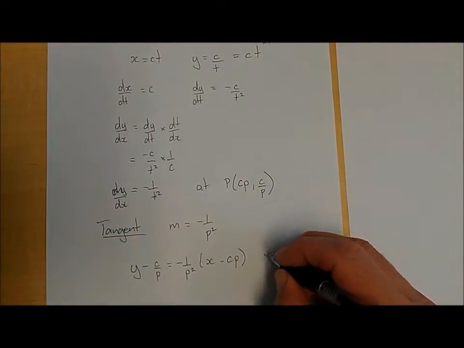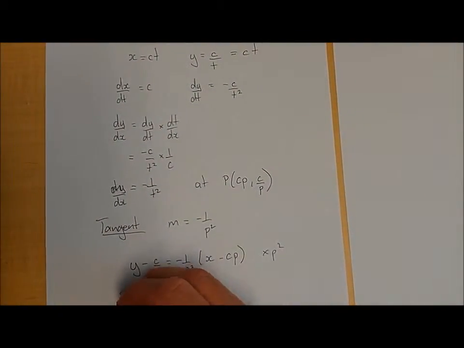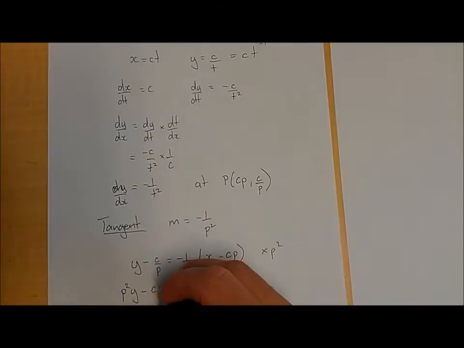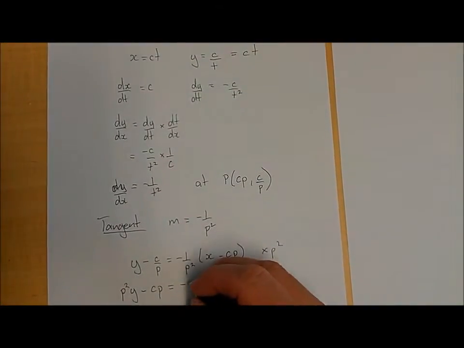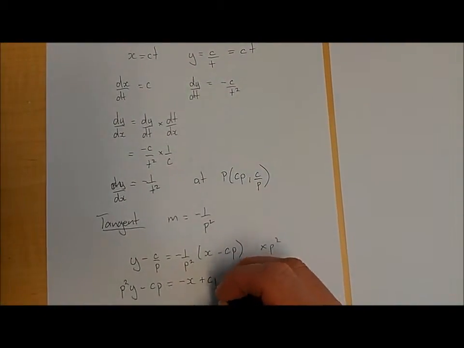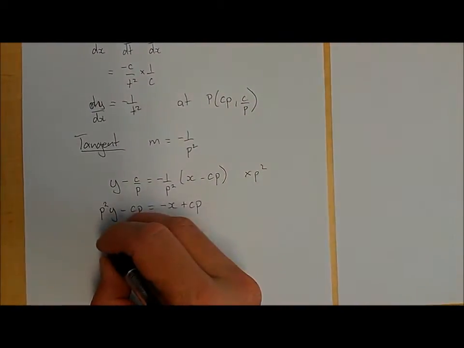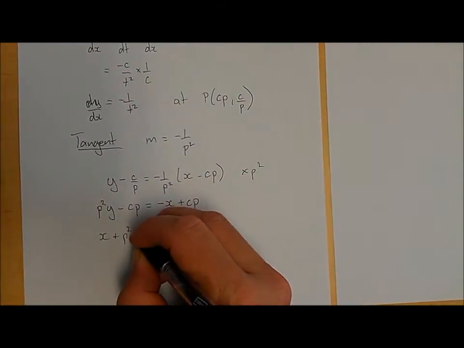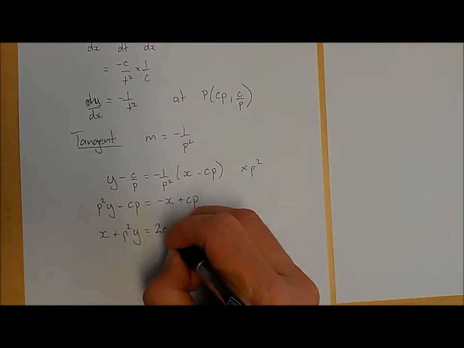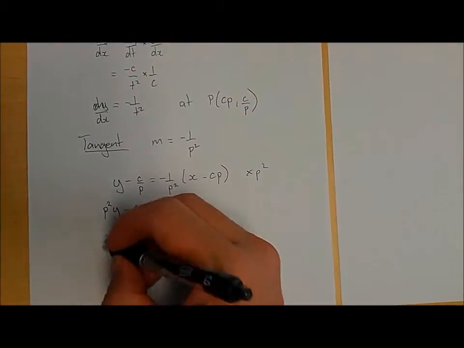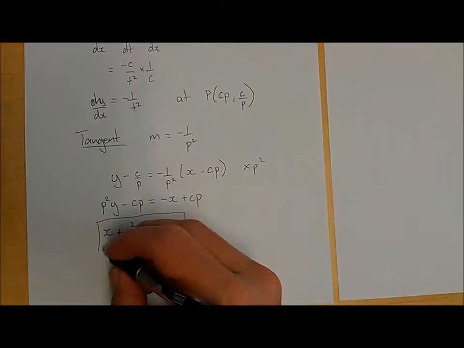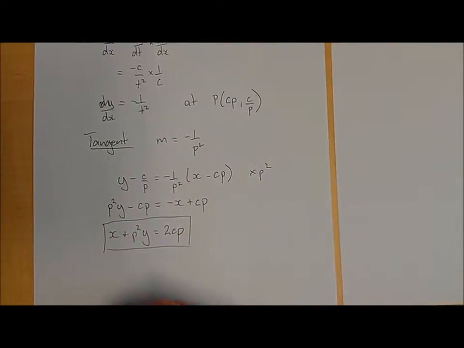So I'll multiply everything by p squared: p squared y minus cp is equal to negative x plus cp. Then I'll bring these together and I'll get x plus p squared y is equal to 2cp. So that's kind of nice and neat.